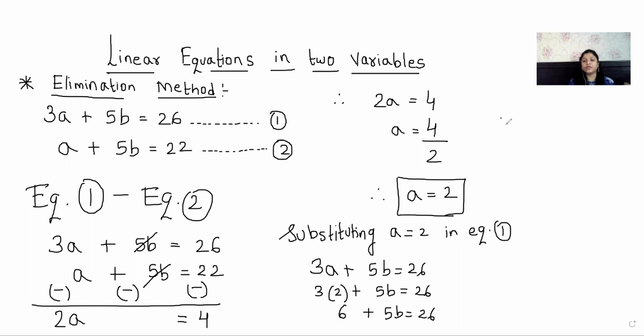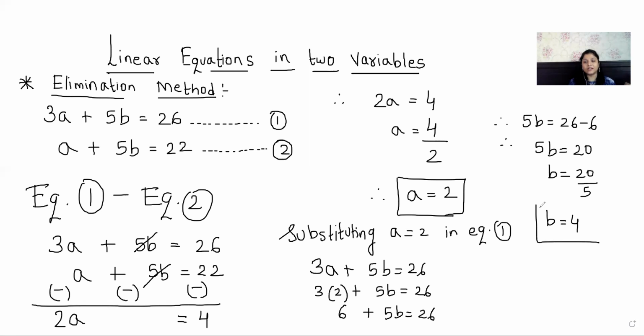Plus 6 will move that side, it will become minus 6. 26 minus 6 is 20. 5b is equal to 20. Therefore, b is equal to 20 divided by 5. Therefore, b is equal to 4. Hence, our final answer is a is equal to 2 and b is equal to 4, which is the solution of the given equations.